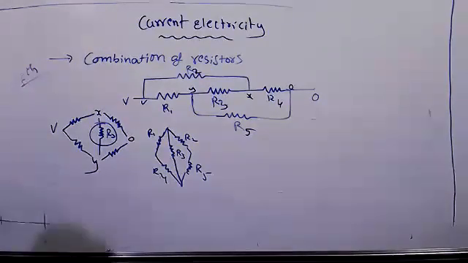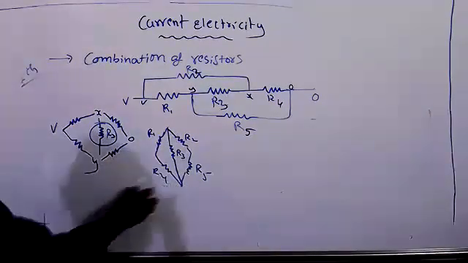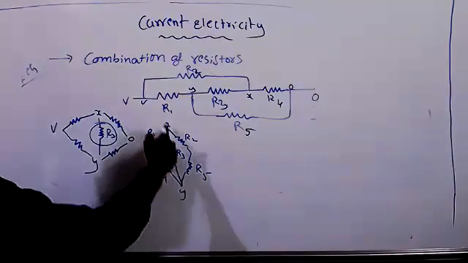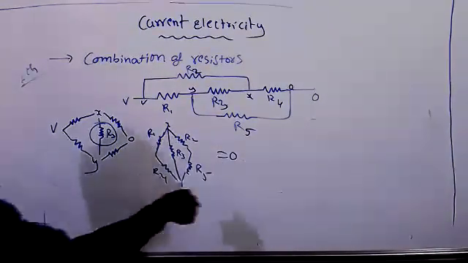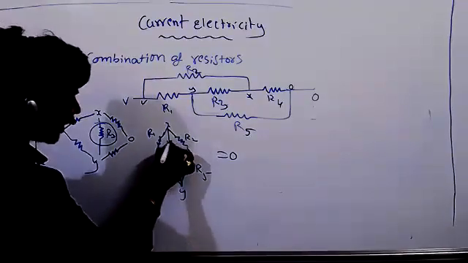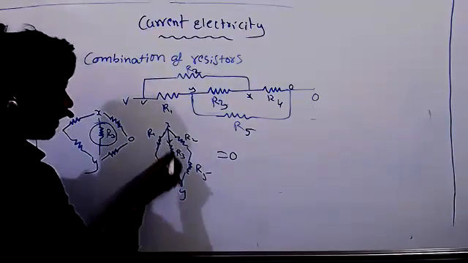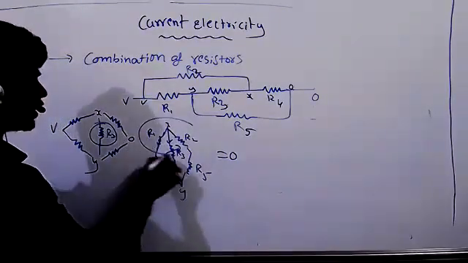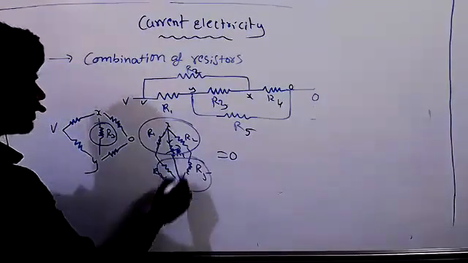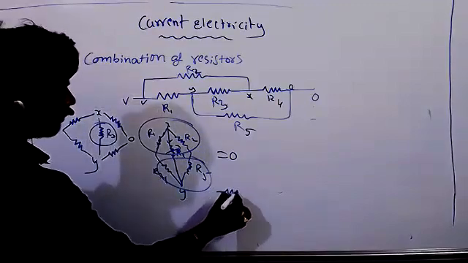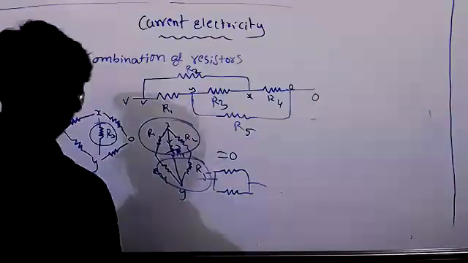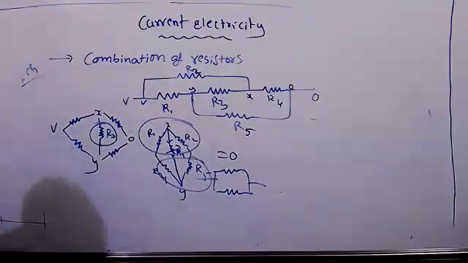In a balanced Wheatstone bridge, suppose it is X and it is Y, the potential difference between X and Y is 0. When the potential difference is 0, whatever current passes through it is 0. When current is not passing through it, it can be eliminated. So these two will be in series, and these two will be in series. You will get one resistor here and one resistor here, both in parallel. That's what you have to do.